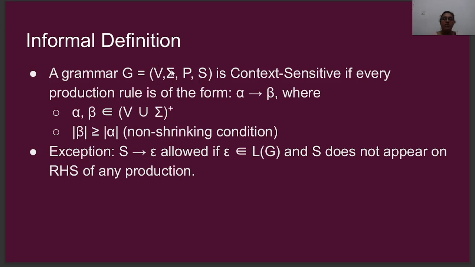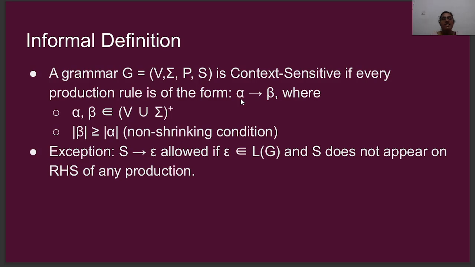So it's any combination of the terminals and non-terminals can be on the left-hand side as well as on the right-hand side. This form is what should be there for context-sensitive grammars, and the number of elements in beta must always be greater than or equal to the number of elements in alpha.